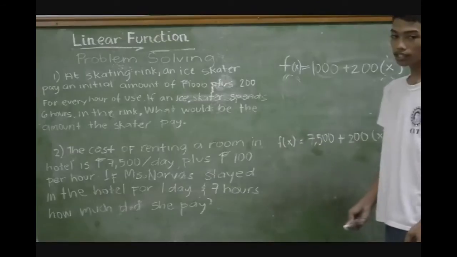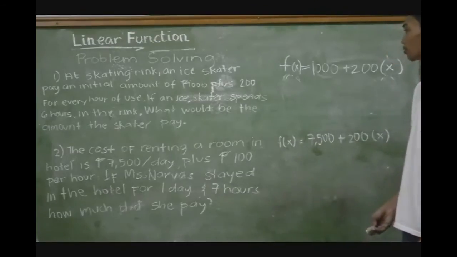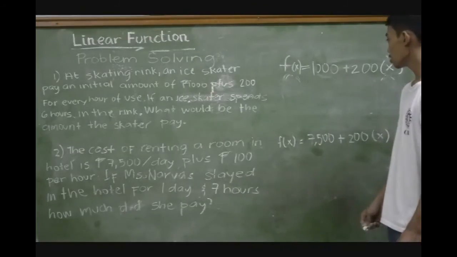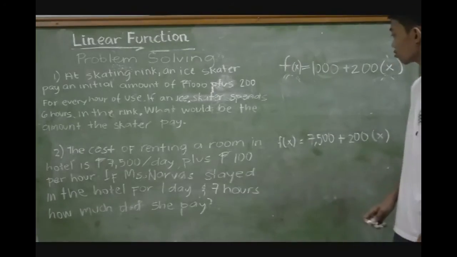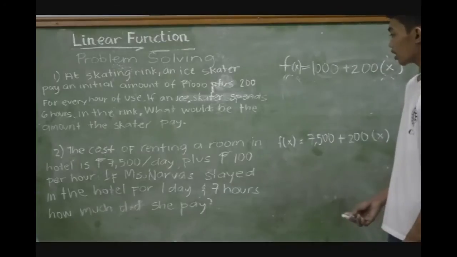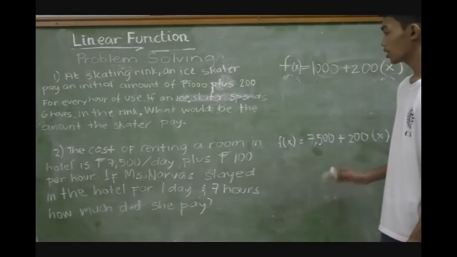This is the equation from this problem. F of x is equal to 1,000 plus 200 times x. X is equal to the hours that the skater spends in the rink.